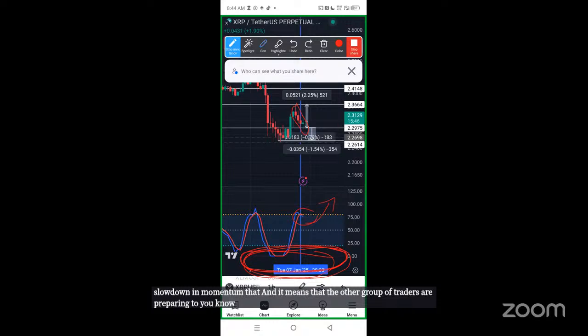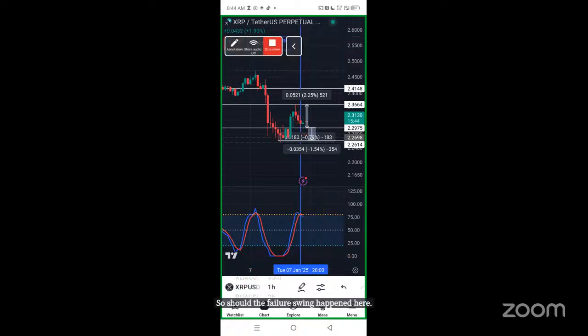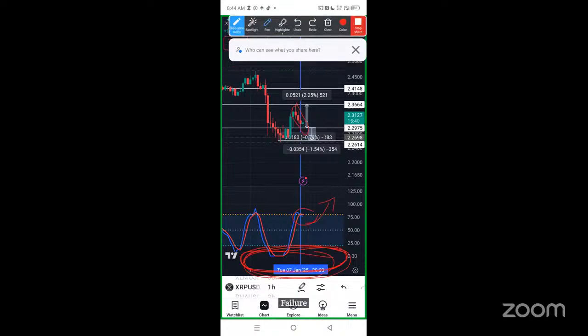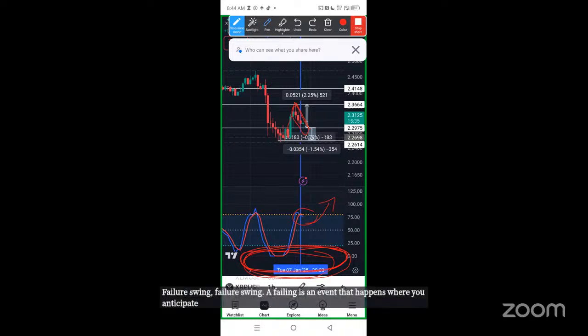So should a failure swing happen here? A failure swing is an event where you anticipate the market price to come and retest a particular level, and it doesn't really reach there, but it comes and stops midway and then makes a U-turn.